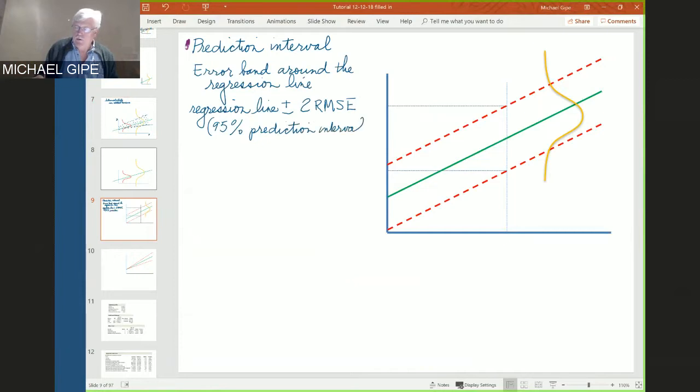So we're just applying the empirical rule to the data points, which are normally distributed above and below that regression line.